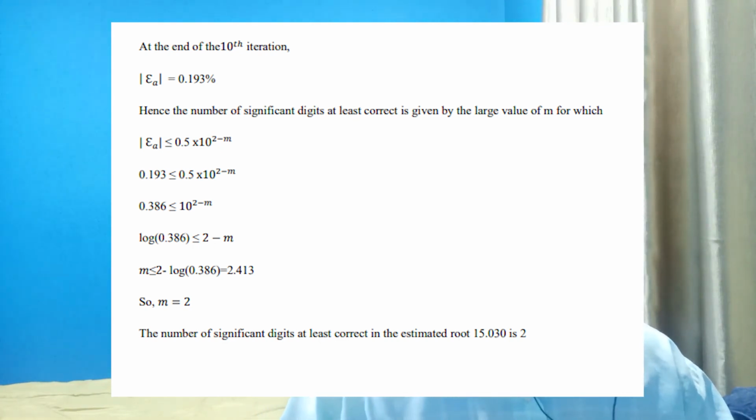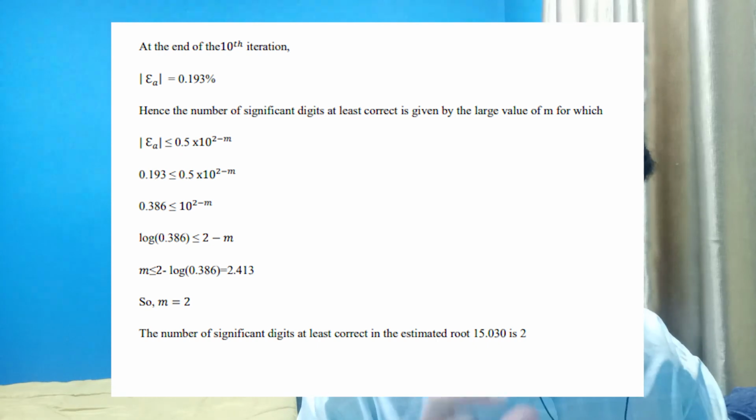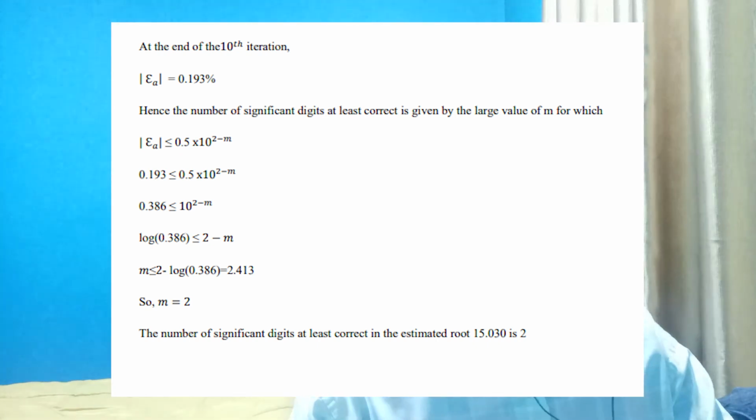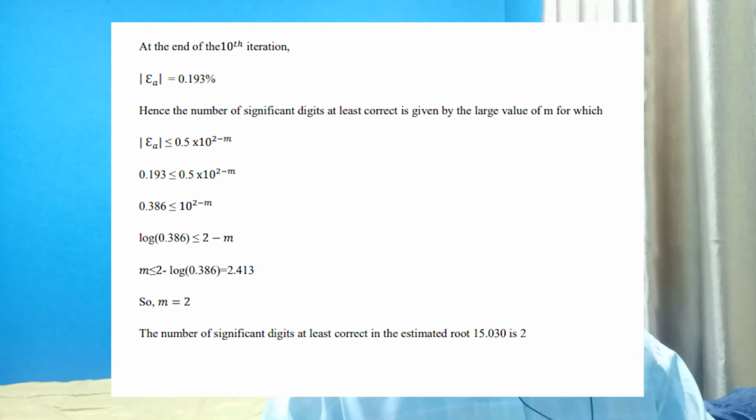So with the calculation involving logarithms, we will get that m equal to 2. So the number of significant digits at least correct in the estimated root 15.030 is 2. So that's all from me.